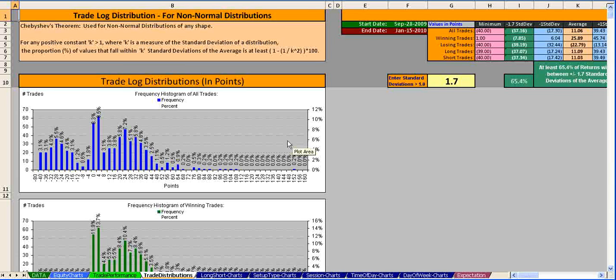One of the characteristics of the system that is being tested on this spreadsheet is that it aims to get the trader into a risk-free position as quickly as possible, and it is succeeding in that endeavor.